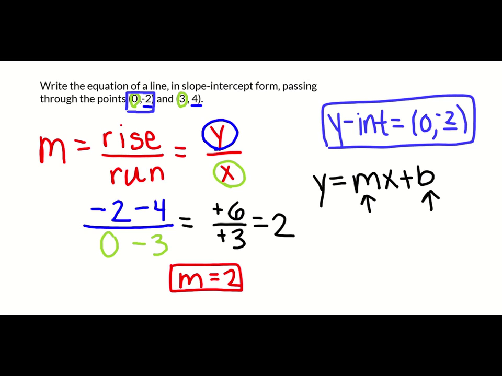So our slope is 2, so we're going to write y equals 2x, and then our y-intercept was negative 2, so we're going to write minus 2. So our final answer, the equation of this line in slope-intercept form, is y equals 2x minus 2.